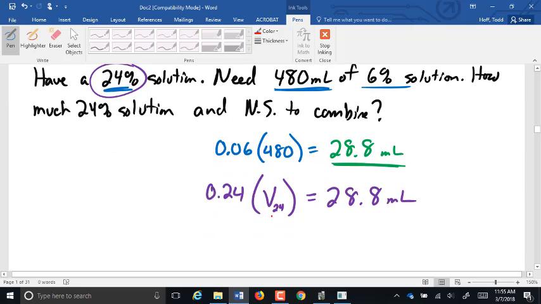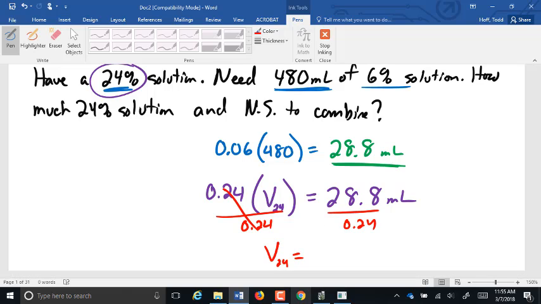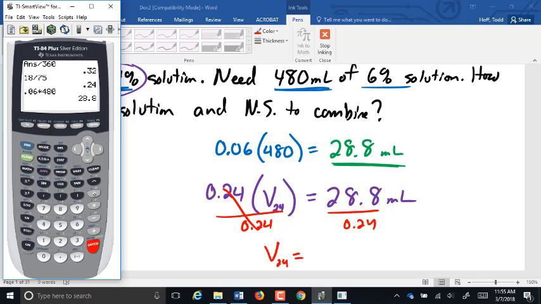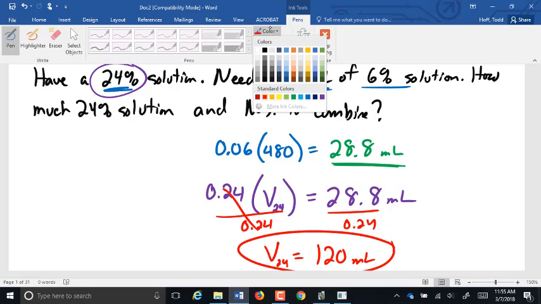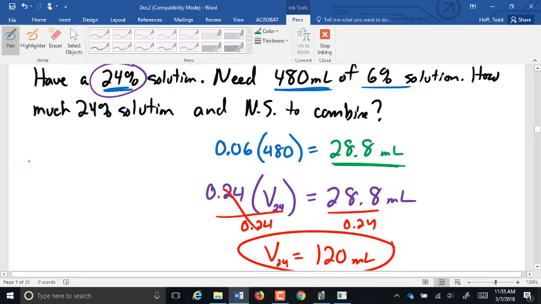So to find the volume of the 24%, we're going to divide by the 0.24. So the volume of that 24%, 28.8 divided by 0.24, gives us 120 milliliters. So we need 120 milliliters of the 24% solution.